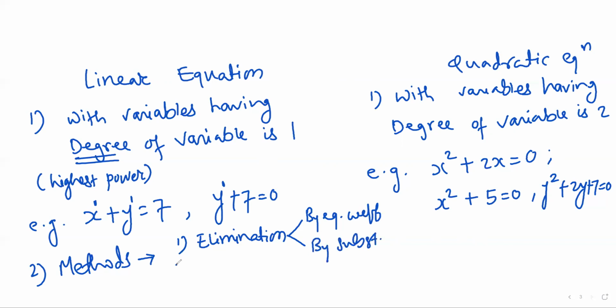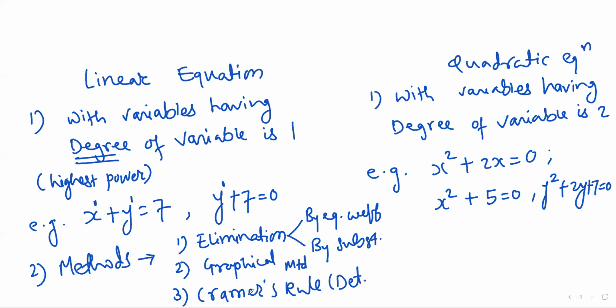Right? Second method is graphical method. And third one is Cramer's rule. It is also called as determinant method.